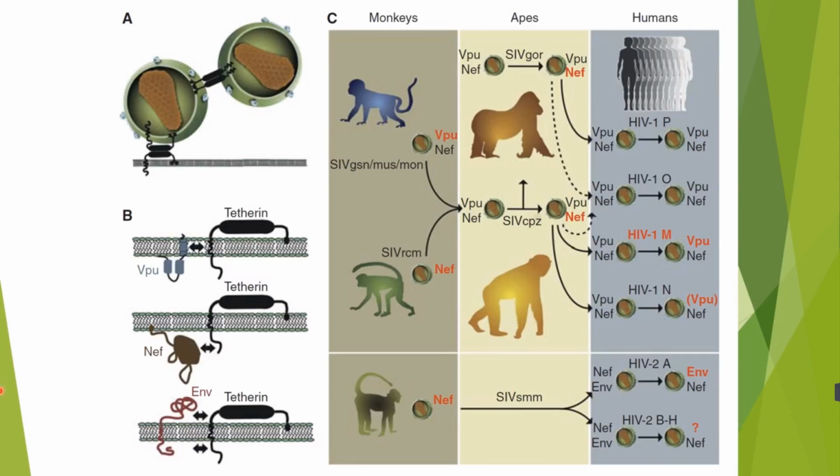One major change that occurred within GAG protein number 17 occurred at position number 30. We have a change from methionine to arginine. And that simple change, in addition to having a high degree of VPU activity as an anti-tetherin molecule, essentially allowed this virus to propagate within humans.